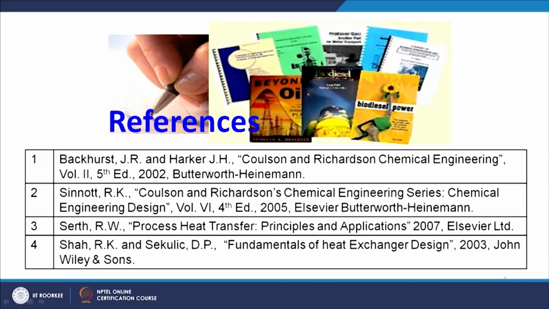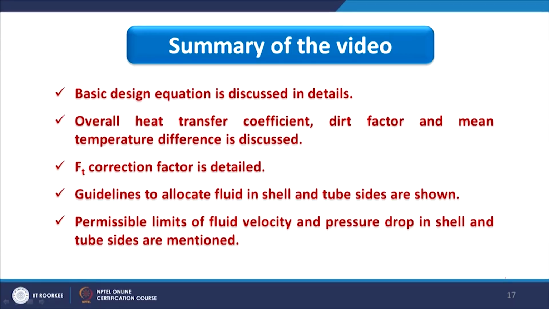And these are some references you can go through for a detailed study of the basic design parameters, and here we have the summary of this video, and this summary is of lecture 4 as well as this lecture. In these two lectures we have discussed the basic design equation in detail, overall heat transfer coefficient, dirt factor and mean temperature difference.